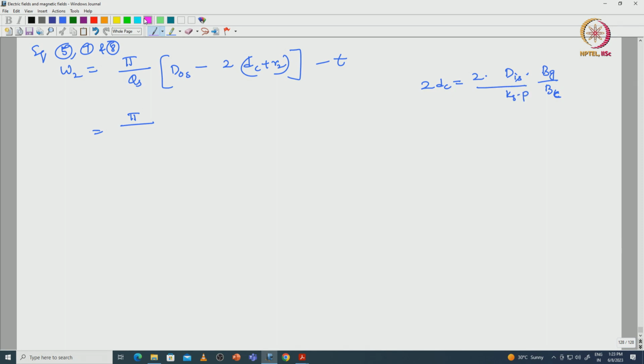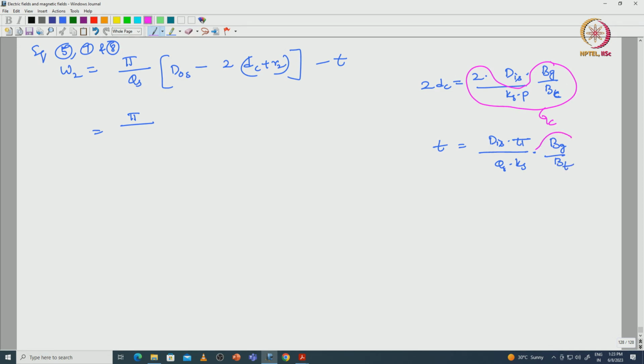Here also these multiple values we can define as a Gc, some constant, and already T has some constant, that is T equals to dis into pi by Qs into Ks Bg by Bt.